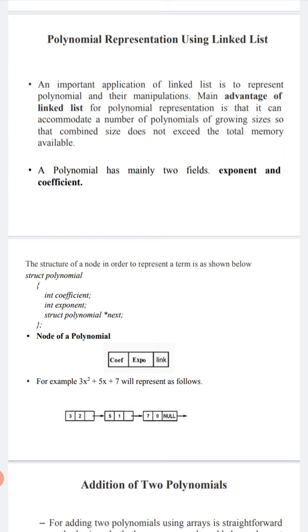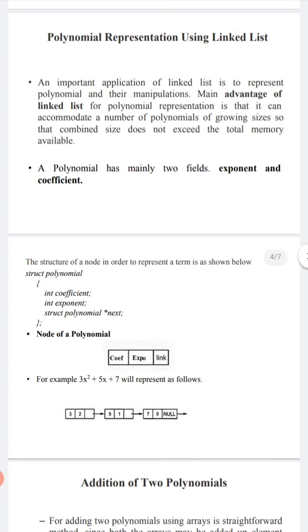But when you consider the polynomial in an array, the structure of the polynomial has only two fields, coefficient and exponent. When you consider the polynomial using a linked list, the structure has three fields.